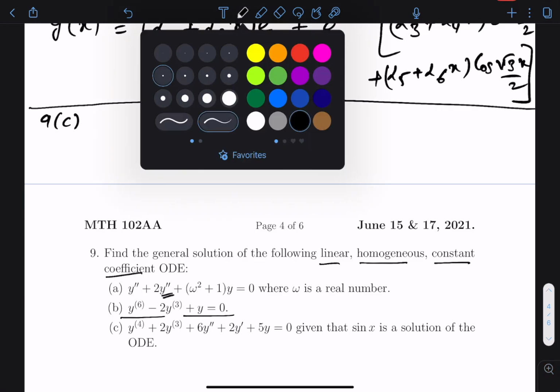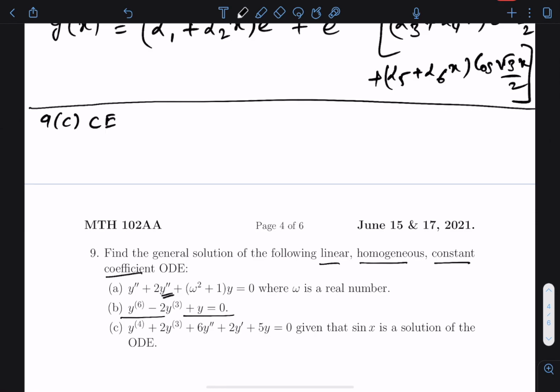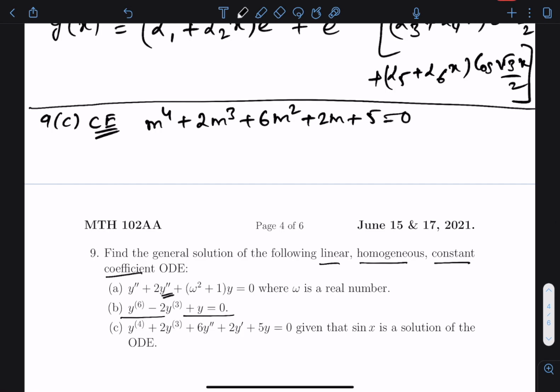If you write down the characteristic equation corresponding to that fourth order equation, what you get is m power 4 plus 2m cube plus 6m square plus 2m plus 5 equal to 0.